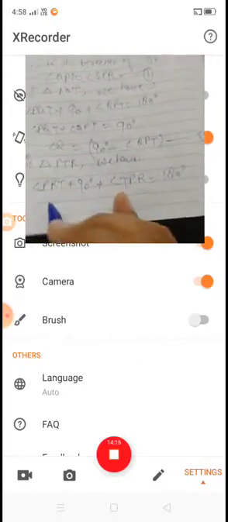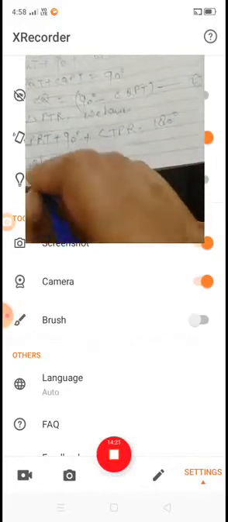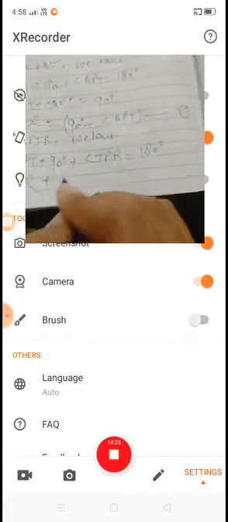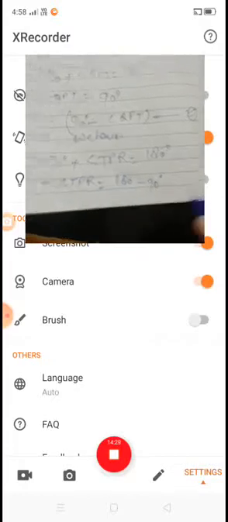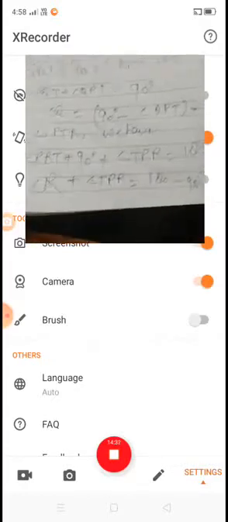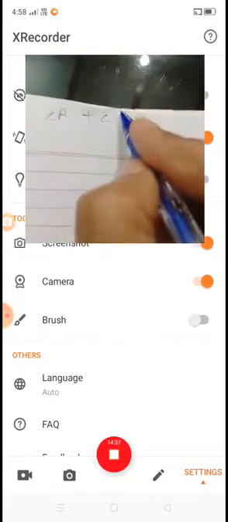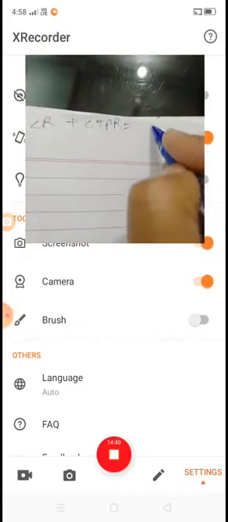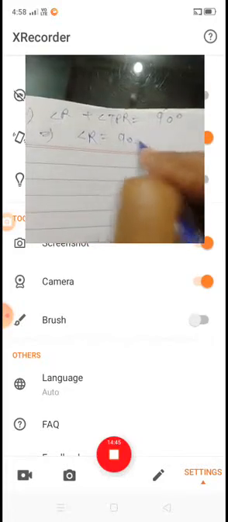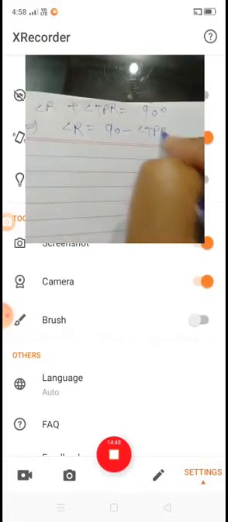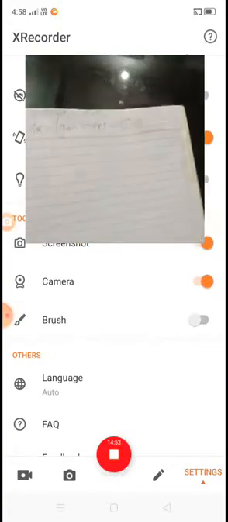We write angle PRT as angle R, so angle R plus angle TPR is equal to 180 minus 90 degrees. We transfer 90 to that side. Now we have angle R plus angle TPR is equal to 90 degrees, so angle R is equal to 90 minus angle TPR. Take this as equation 3.